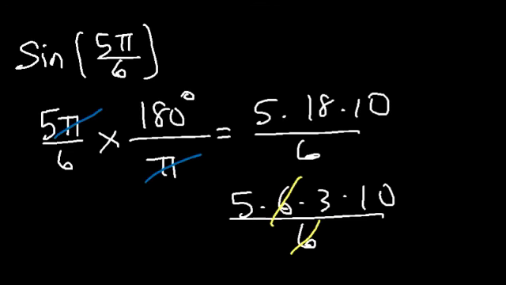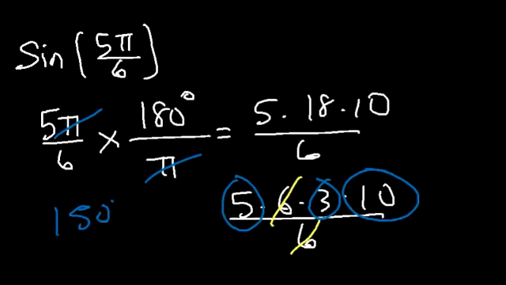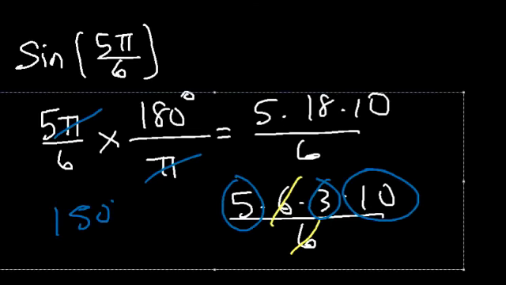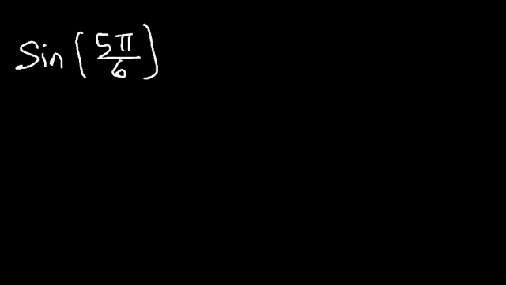What we have left over is 5 times 3, which is 15, and 15 times 10, that's 150. Therefore, 5 pi over 6 is equal to 150 degrees. So we're looking for sine of 150.